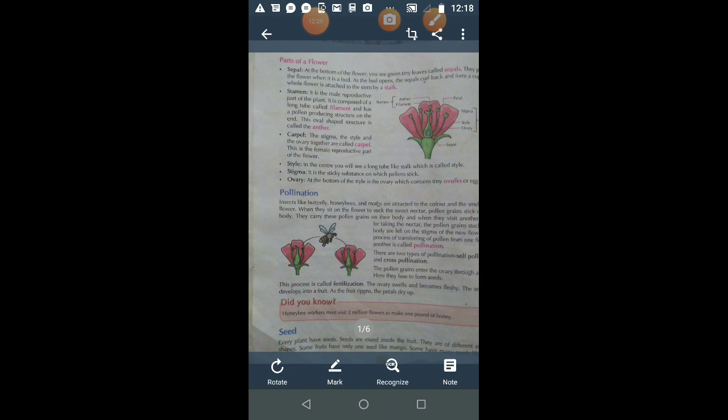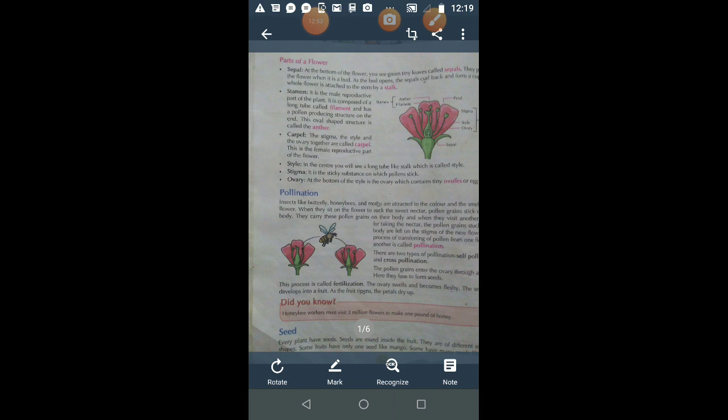At the top of the ovary is a vertical structure called the style, that supports the stigma. What happens in the stigma? The dispersed pollen sticks to the stigma. The pollen which is dispersed by the anther sticks to the stigma and travels down to the ovary through the style, because the style is attached to the ovary.